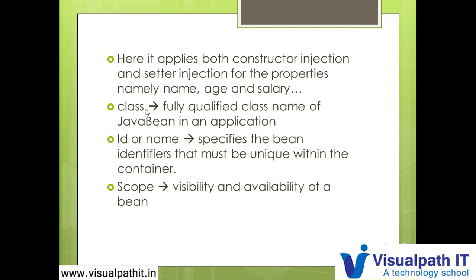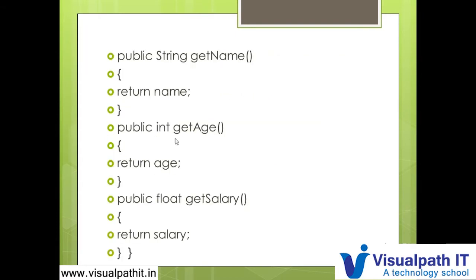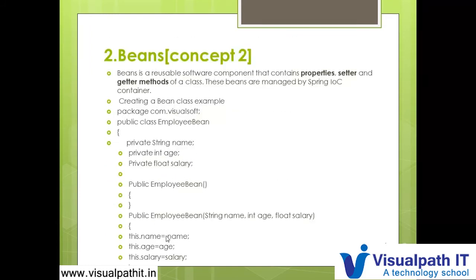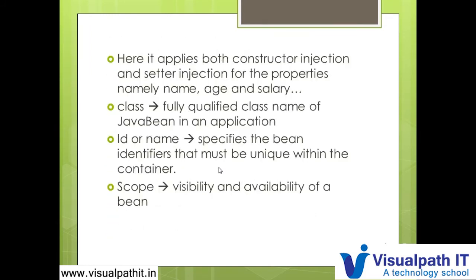So what exactly is a class? It is a fully qualified class name of the Java bean, that is the class name. Next, we are having ID or name here. ID or name is nothing but the identifier that must be unique within the container, and the scope is one of the very important concepts that comes under the beans.